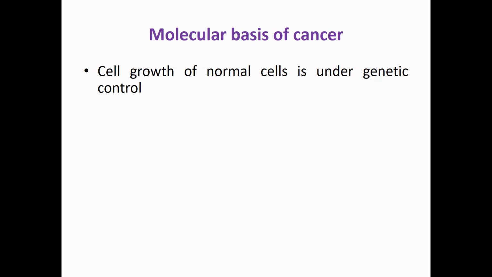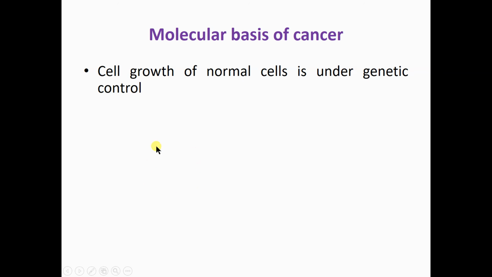First we discuss the molecular basis of cancer. Normally, the growth of any normal cell is under genetic control. Whether the cell should multiply into two cells, or whether growth of a particular tissue should occur or not, is all under genetic control in the nucleus.